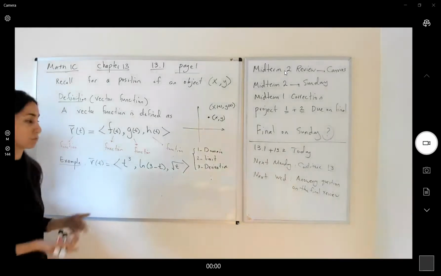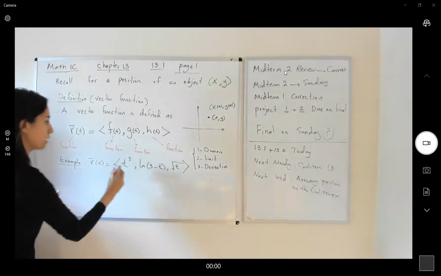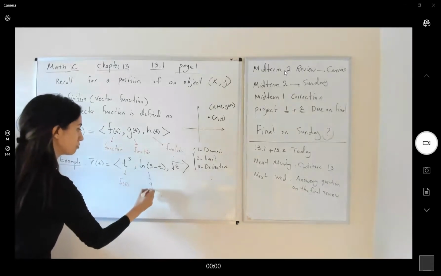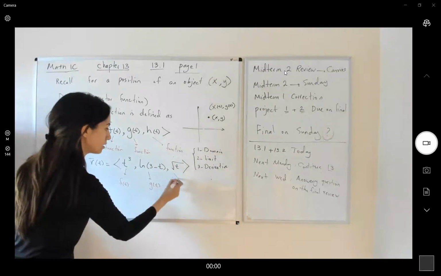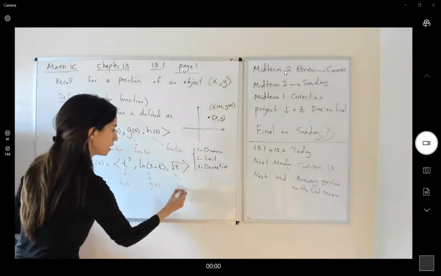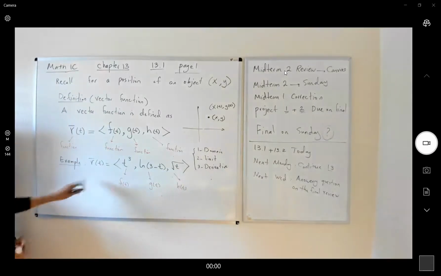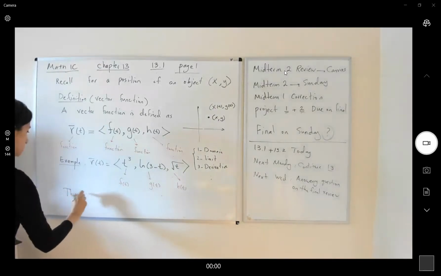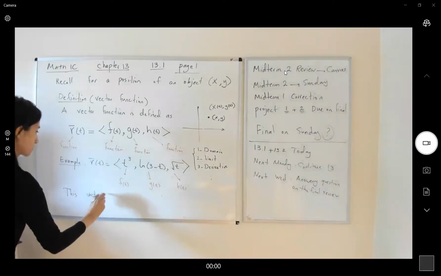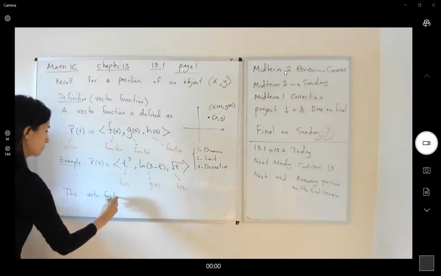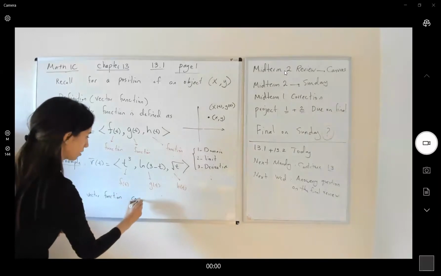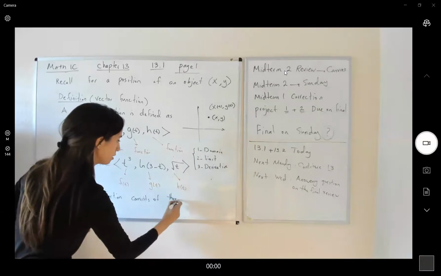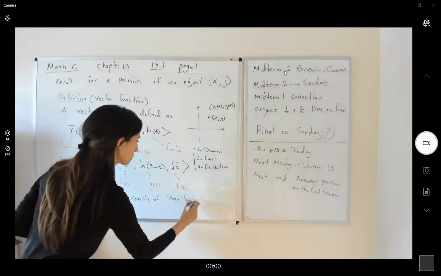Very well. This is your f of t, this is your g of t, and this is your h of t. This vector valued function consists of 3 functions.